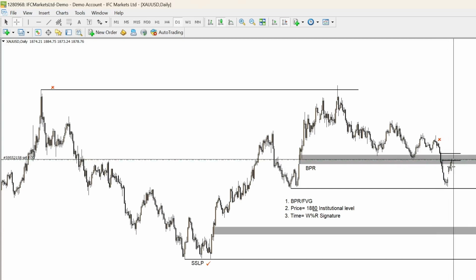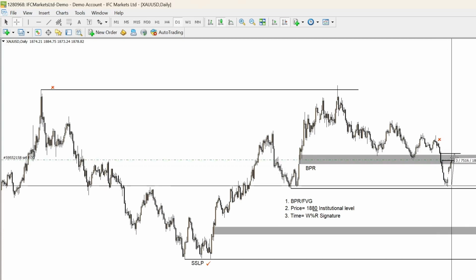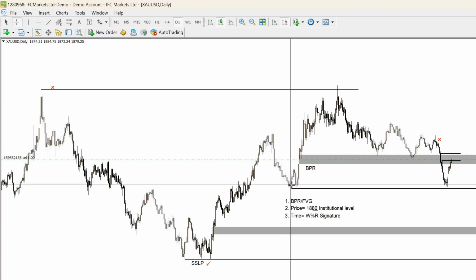I just happened to get in when price retraced 800 pips. That's when I got in. So that's another element of price that you guys have to take into account, the ranges. The ranges are very, very important that we're looking at.